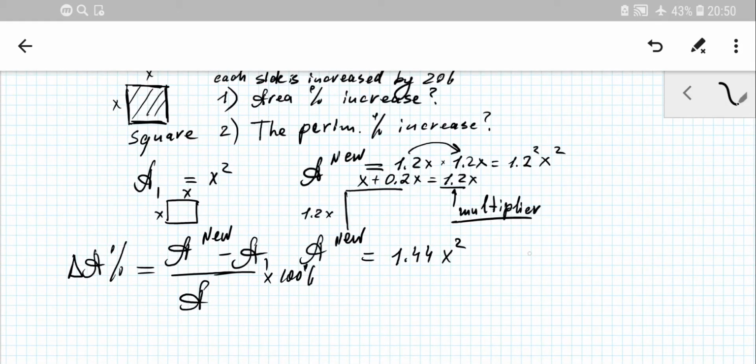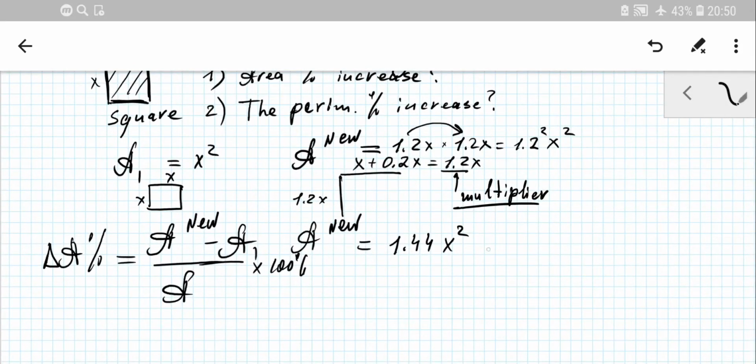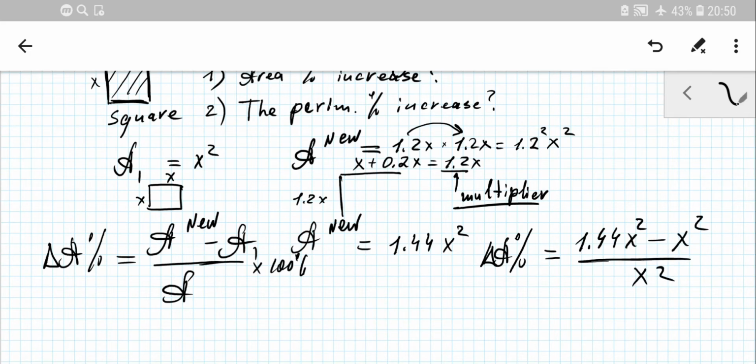So in our case, the percentage change in area will be simply 1.44 x squared, which stands for new, you subtract x squared and you divide by x squared. Now just remember how to work with algebraic fractions. The result, you multiply by 100%.